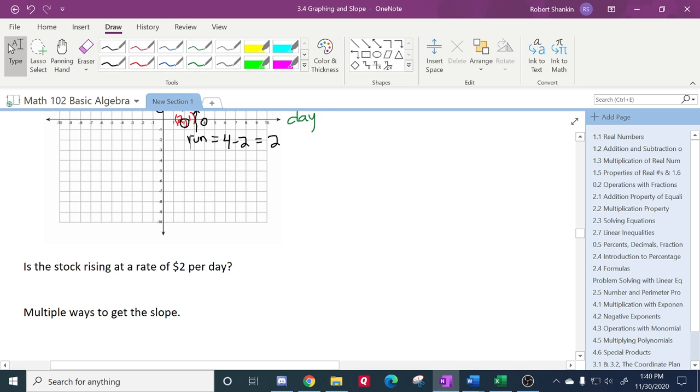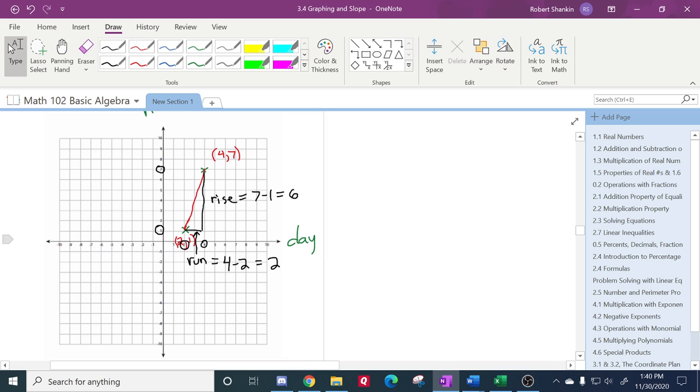Is the stock rising at $2 per day? No. It's rising faster. It actually rises at, and we would divide, we want the dollars and the day, because that's the units we want. How many dollars per day was it rising?